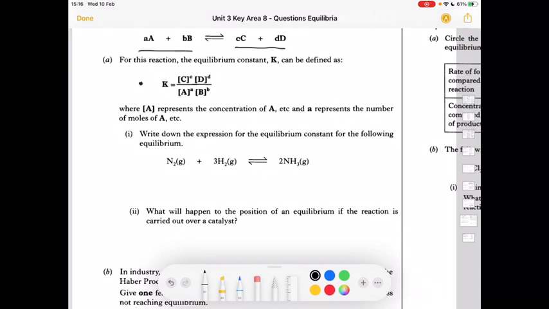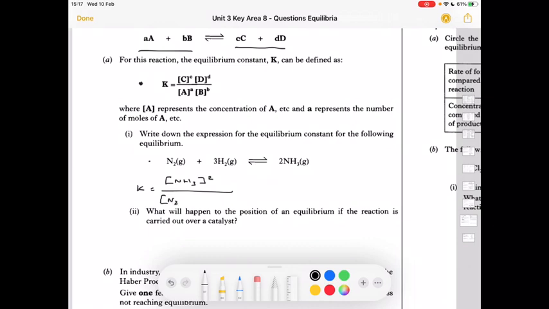So we could do this for the Haber process reaction here. So K would be, and it's the products over the reactants. So we'll do NH3 in brackets, and then you're supposed to put the number of moles as a wee small number on top. So that's NH3 squared divided by, and then it's A and B, so that's the reactants.